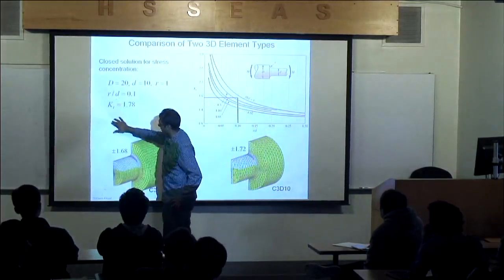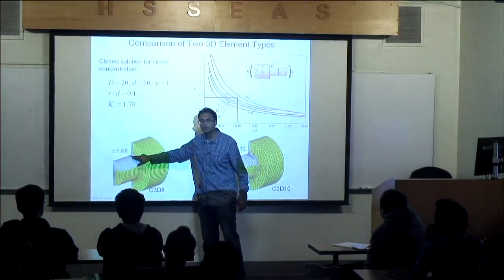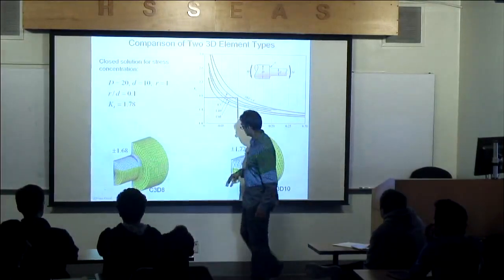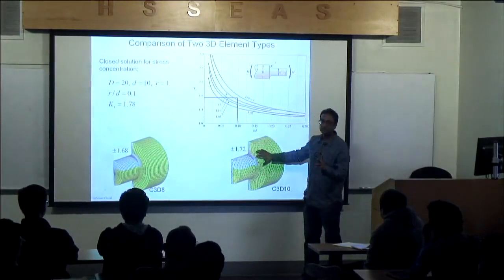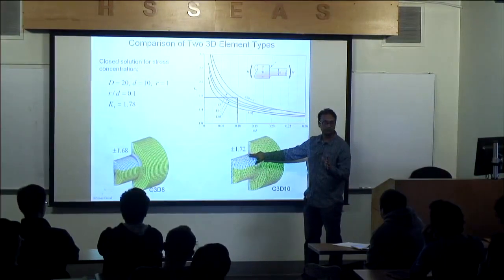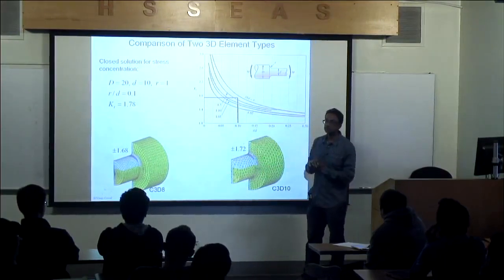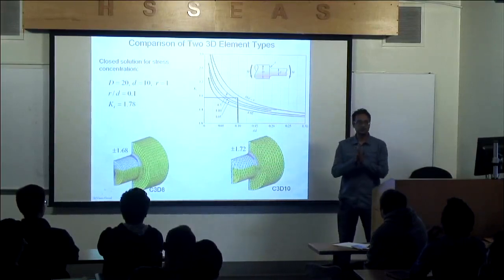If I use finite elements for C3D8, I get about 1.68. If I use tetrahedral elements, second order, 1.72. If I use linear, it's like 1.4, 1.3. Not very good, but very close to that answer. So just comparing the two for now, nothing spectacular, just giving you a comparison there.